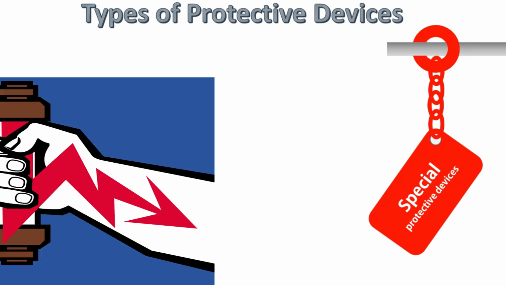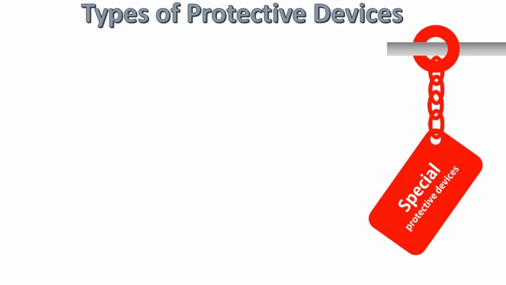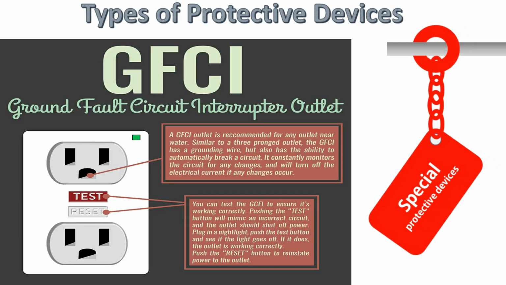Basically, the human body does serve as a grounding path to these electrical leaks and can lead to cardiac arrest. GFCI are thus recommended to be used in bedrooms, kitchens, outdoor areas, or for appliances such as hand dryers.